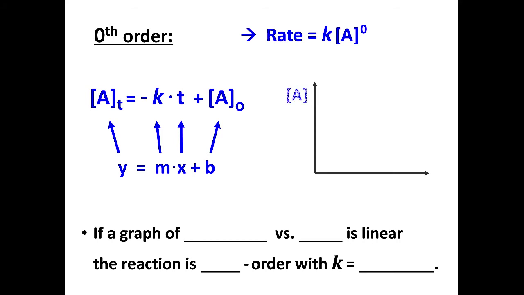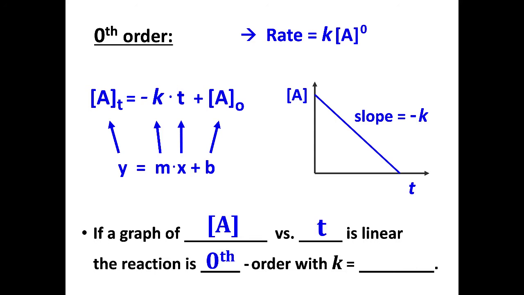So if we graph this, concentration of A versus time, we get a straight line with a negative slope, and the slope of that line is equal to the negative of the rate constant. So a graph of concentration versus time is a linear graph.